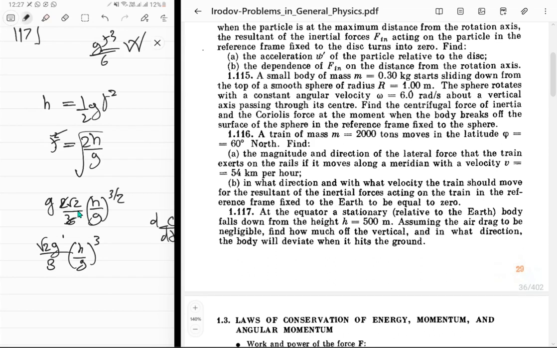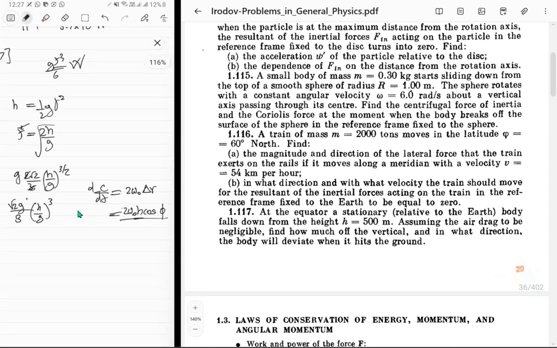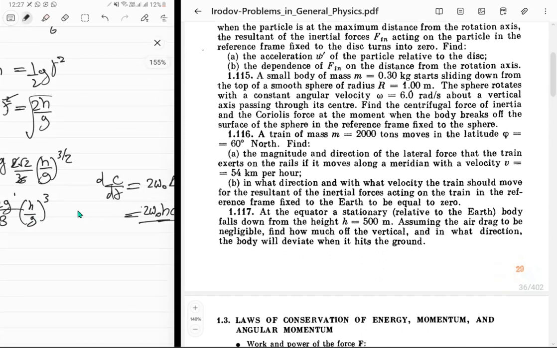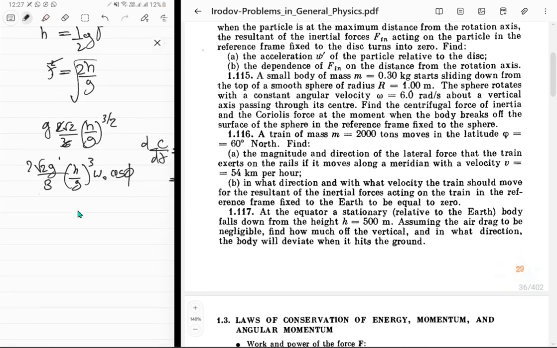Okay, calm down. Going good. Once you've got this, just put 2 times that and then cosine phi and all that stuff. It's going to be 2 square root 2 g upon 3 that times omega naught and cosine phi. This is the answer, and this is pretty much just g upon 3 h up, so 2h upon g to the power of 3 upon 2.